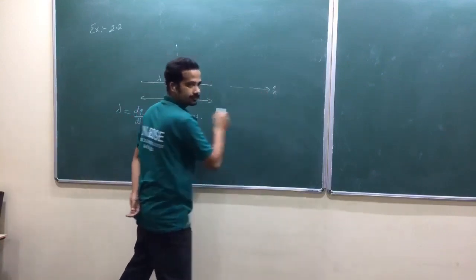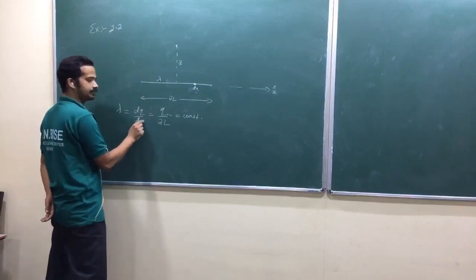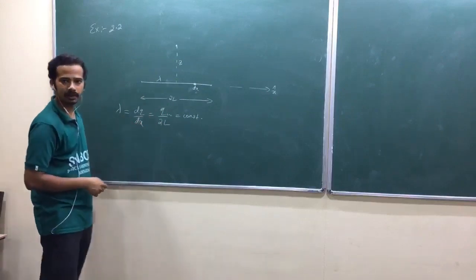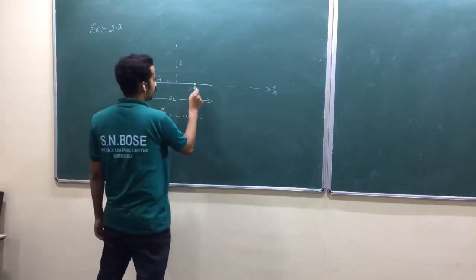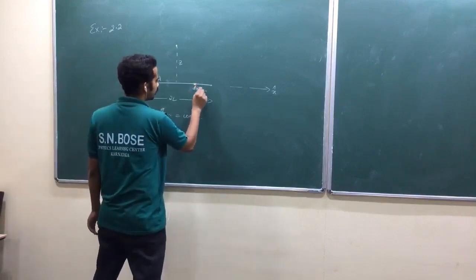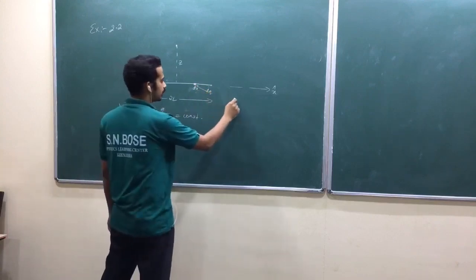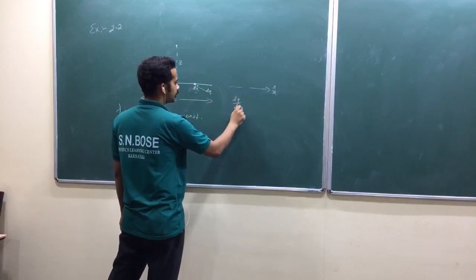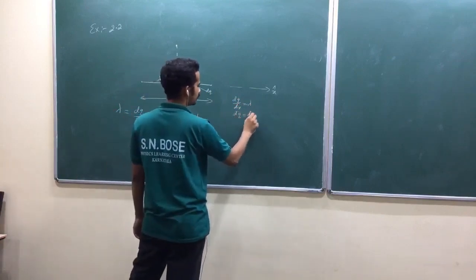In place of dl, I am writing dx. So I hope you have no issue. So now the charge corresponding to that one is dq. And dq and dx are related by dq by dx is equal to lambda, that's equal to constant, or dq is equal to lambda dx.